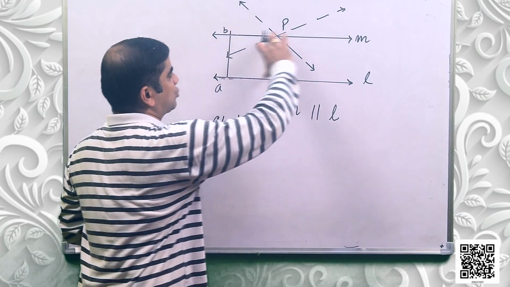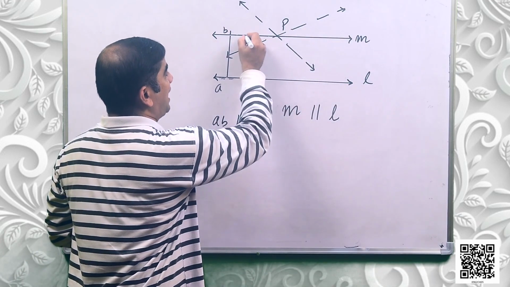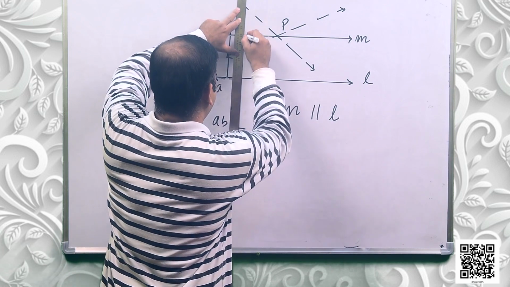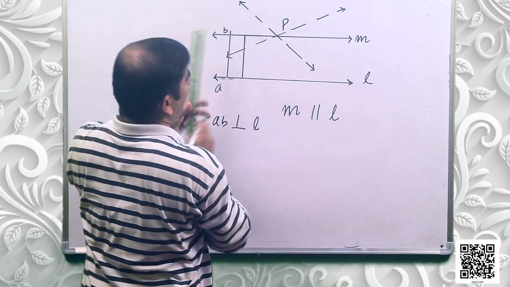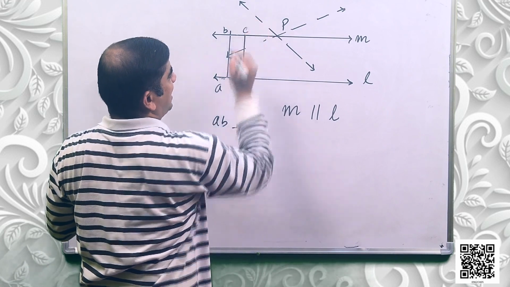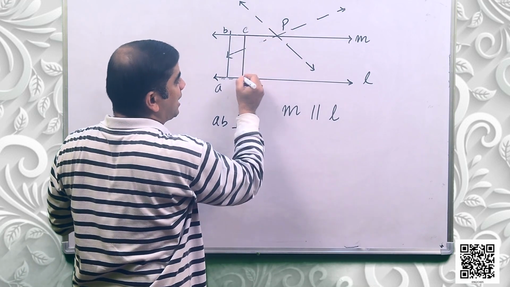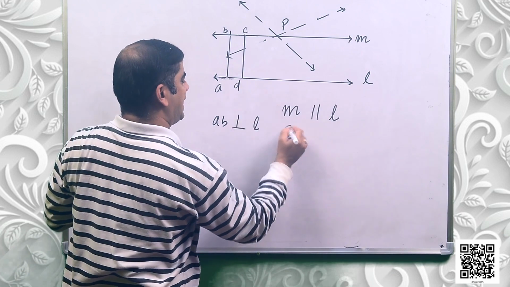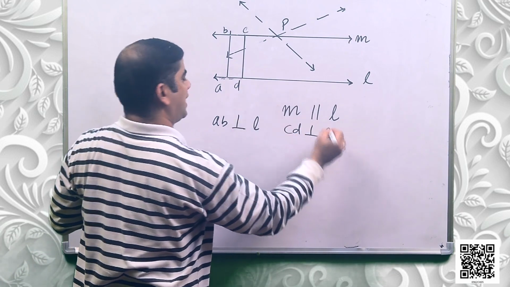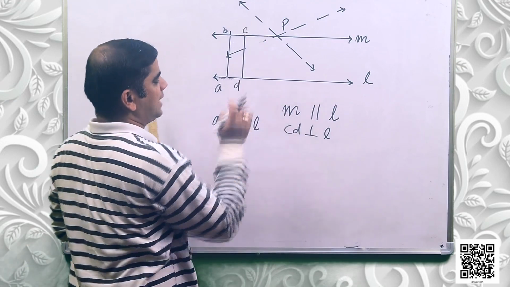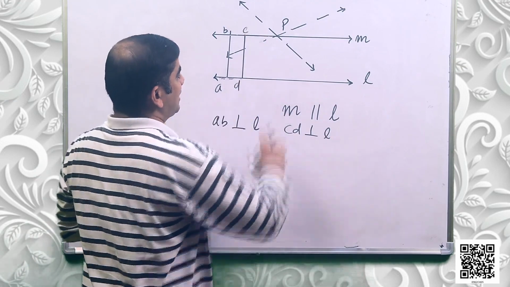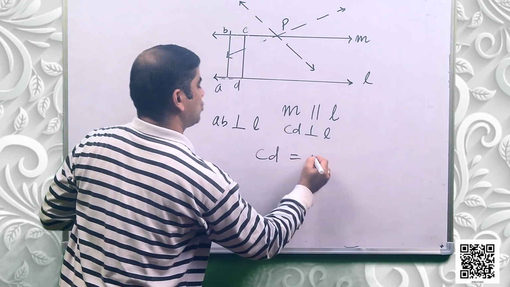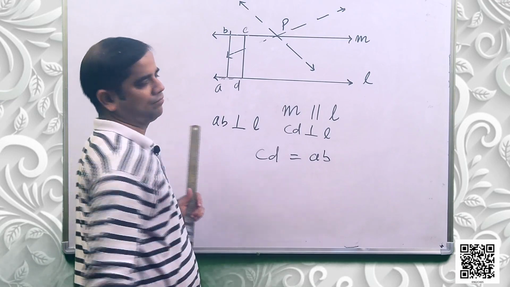If it is constant throughout, then for any point C on M, if I draw a perpendicular which intersects L at D, that means CD is perpendicular to L, and CD is equal to AB.